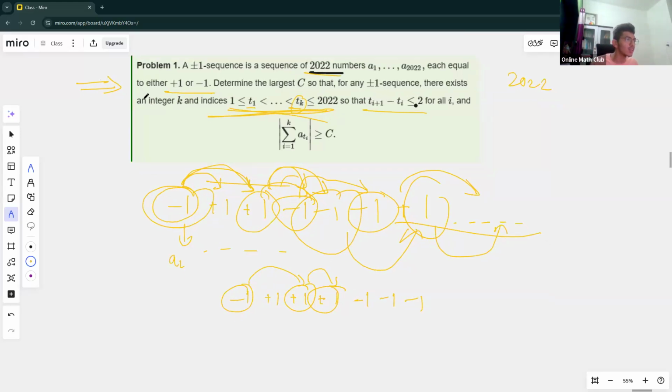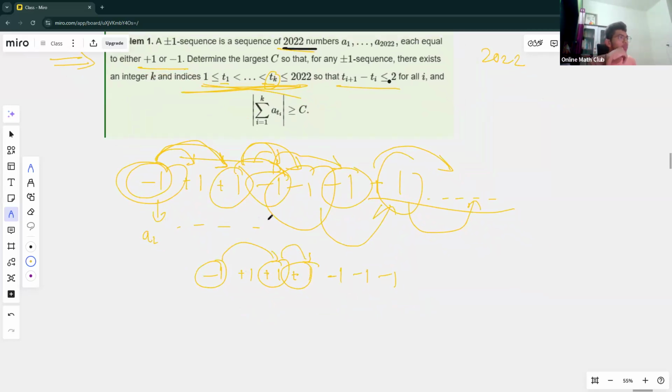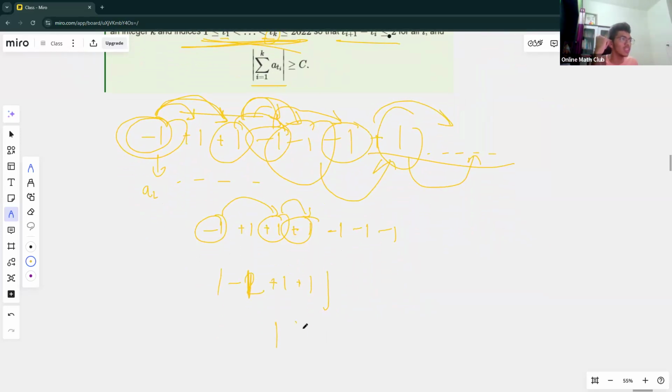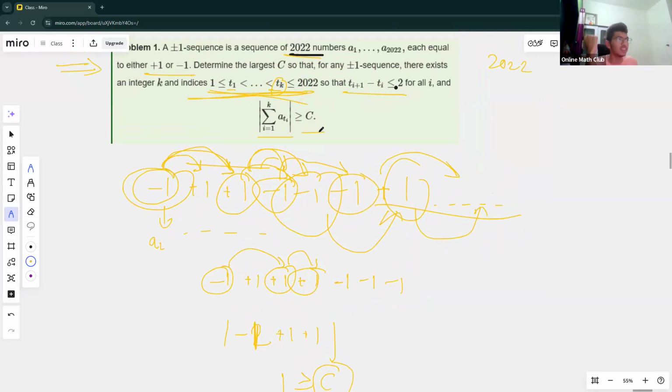If we select this number, what we have to do is add them. We get one: minus one plus one plus one. We take the modulo, which is actually one, which is equal to c. Now what we have to find is the largest c.